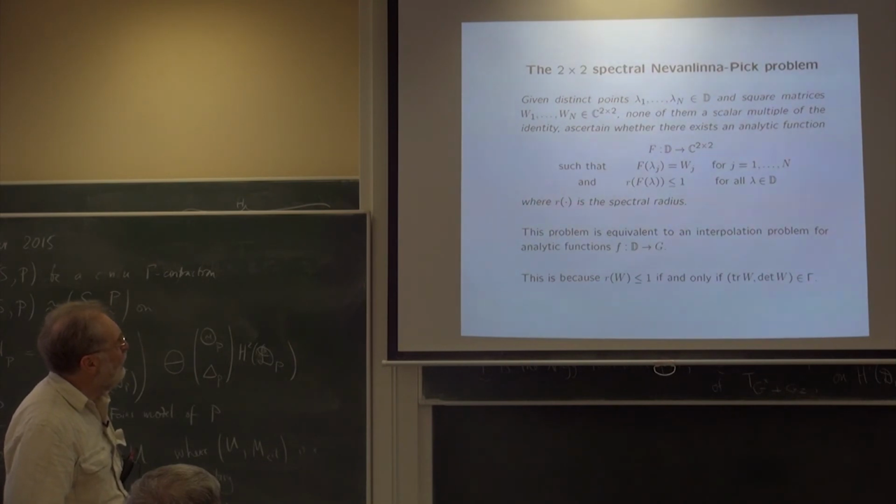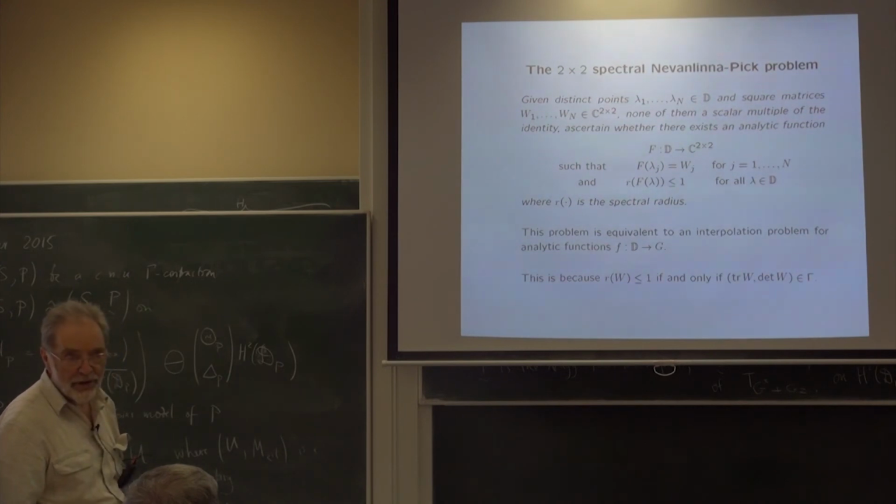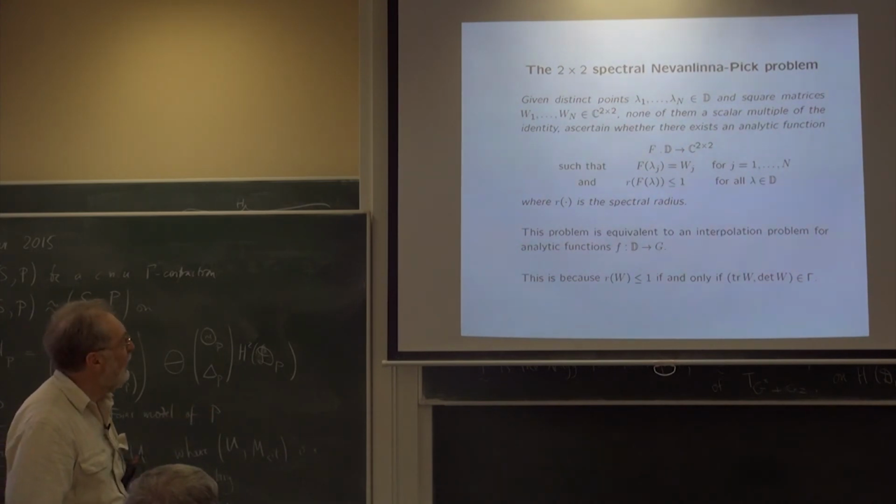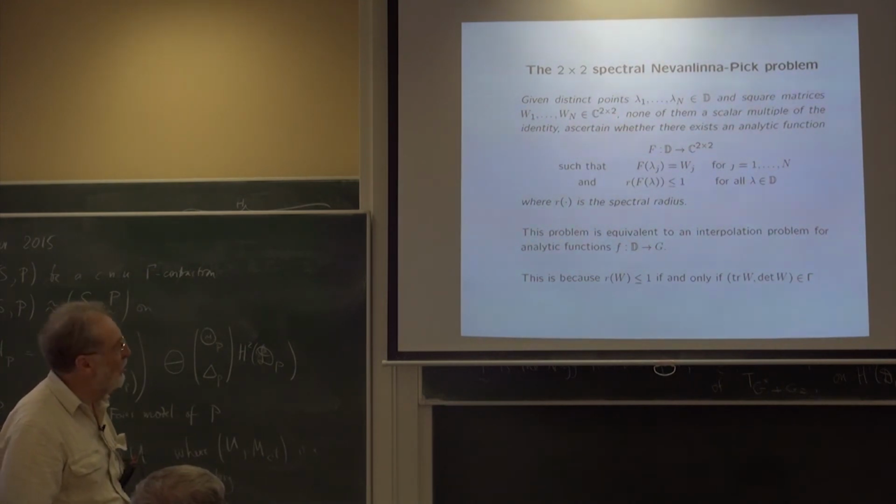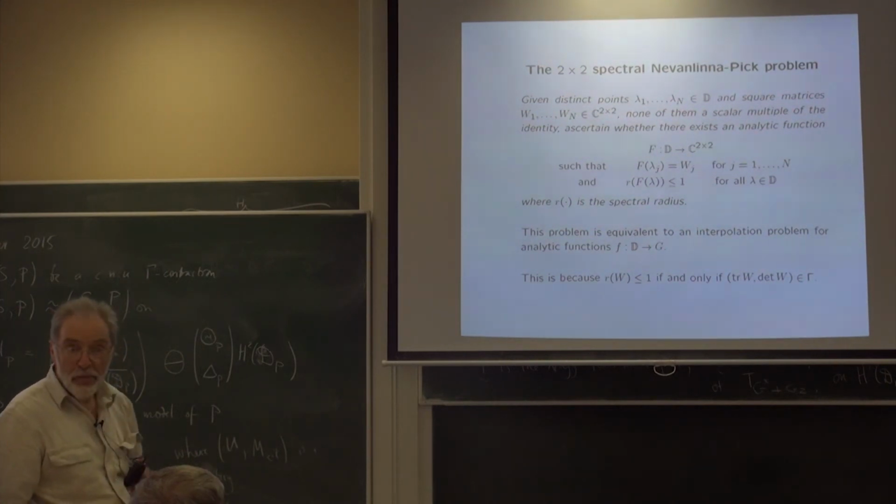But now, whereas in the Nevanlinna-Pick problem you would have the norm of f of lambda less than or equal to 1 for each lambda, you replace that by asking that the spectral radius of f of lambda be less than or equal to 1 for all lambda. That makes it much harder.